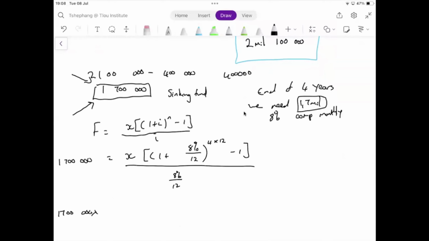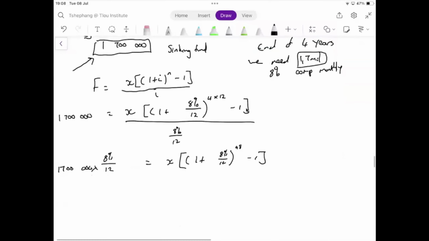Now check what I'm going to do. 1,700,000 multiplied by 8% over 12 is equal to 1 plus 8% over 12 to the power of 48 minus 1. Please guys assist me with this answer on the calculator as I just made this question up.